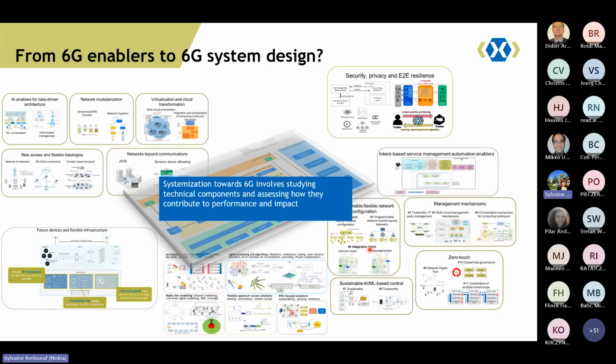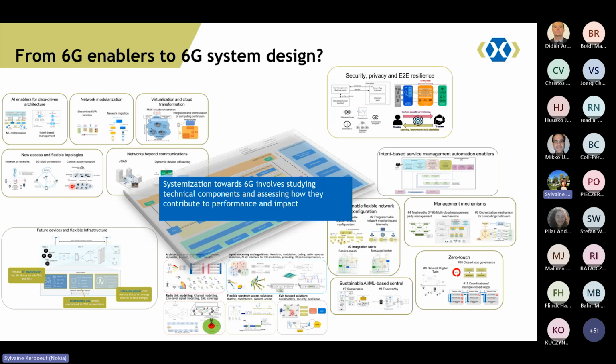And so in Hexa-X-II, the 6G enablers mainly relate to architecture. We've got several enablers like for data-driven architecture, for network modularization, virtualization, and cloud transformation.